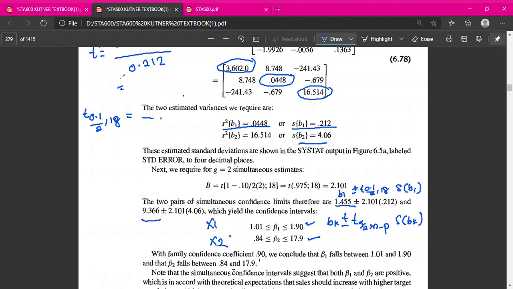Kalau tak include 0, means that both of the interval is positive ataupun both of it is negative. So the interval does not include 0, we can say that the variable is significant. So kalau kat sini kita tengok both of the interval is positive, so it means that no value 0 includes in this interval. So we can conclude that variable x1 dan variable x2 are significant.